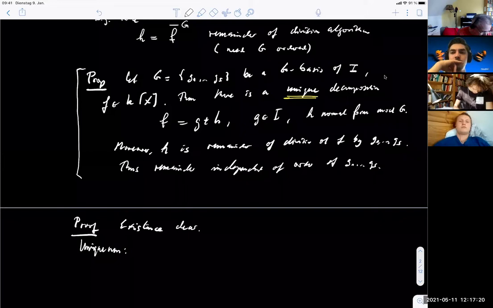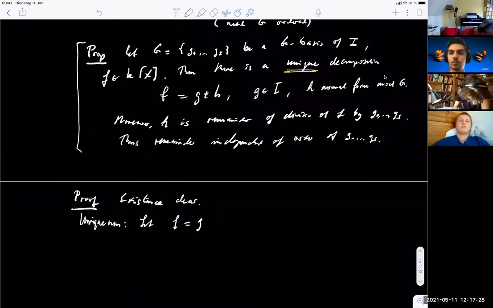Uniqueness. So let's assume I have two decompositions. F equals G1 plus H1 equals G2 plus H2.